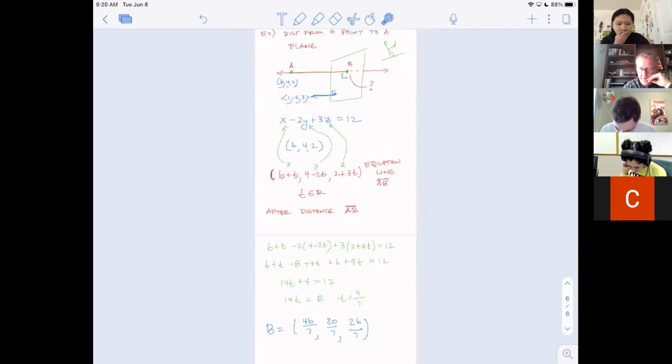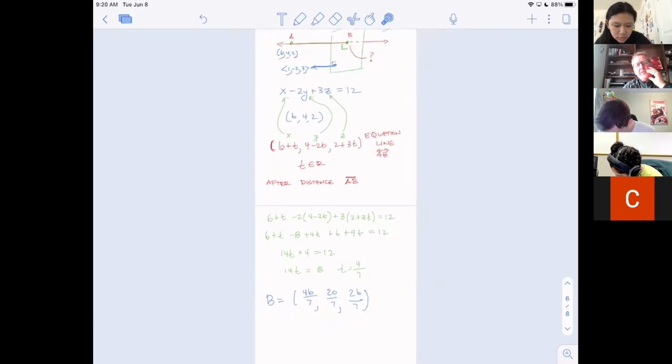So I have that coordinate now, but how do I find the distance between the 2 points A and B now that I have a coordinate for it? You should be thinking Pythagorean theorem. How do you find the distance between a couple of points?